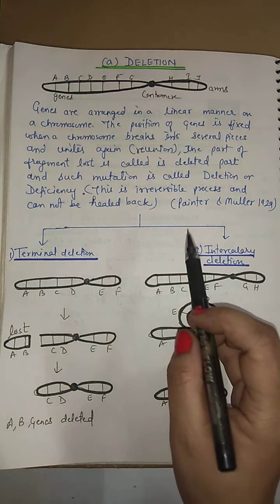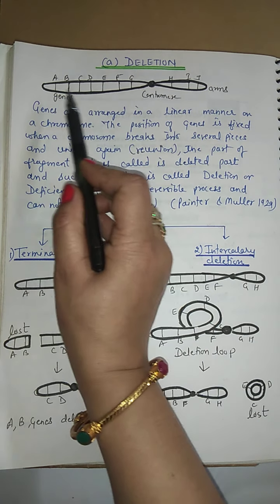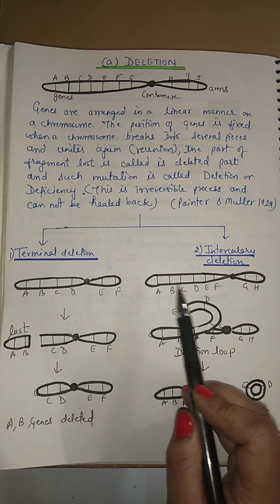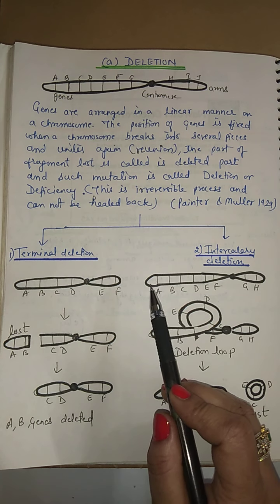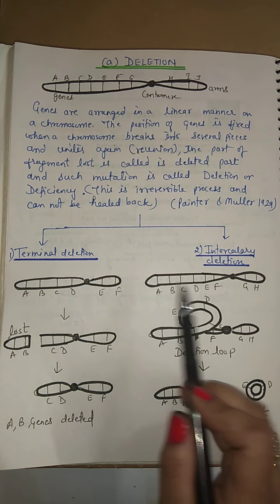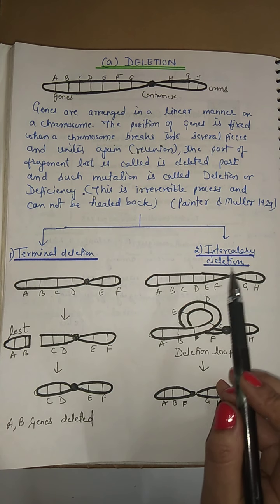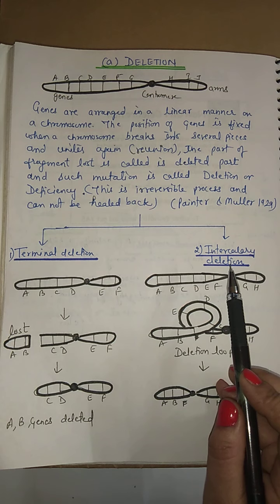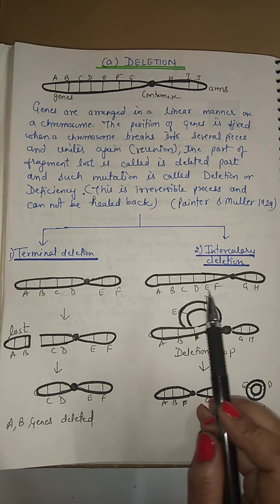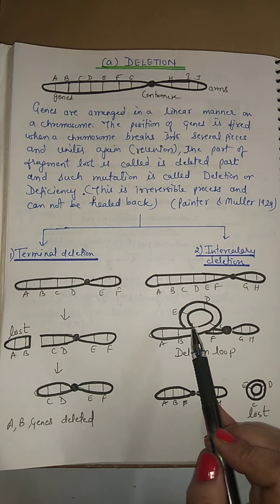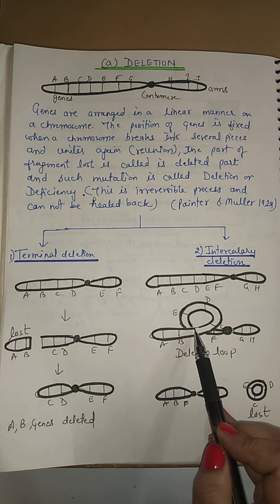If any interstitial part of a chromosome, meaning the genes lying in between the terminals and the centromere, is lost, that is called intercalary deletion or interstitial deletion. Here, first of all, a loop is formed. Now this loop is cut at this end and this end.